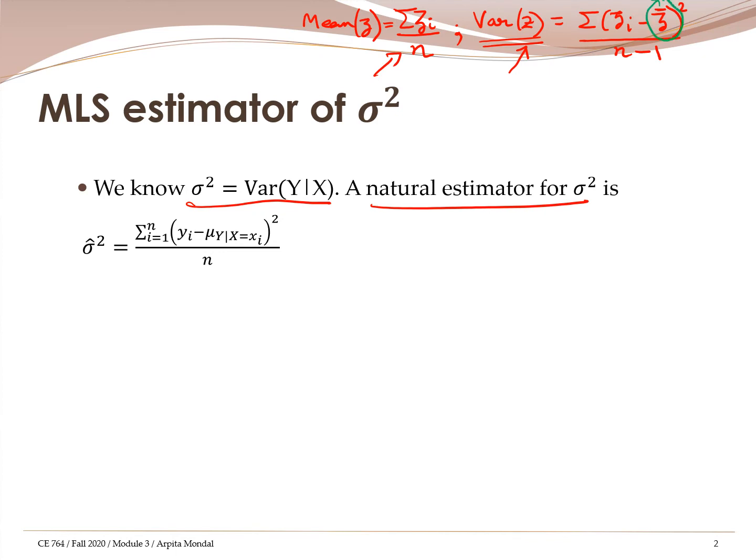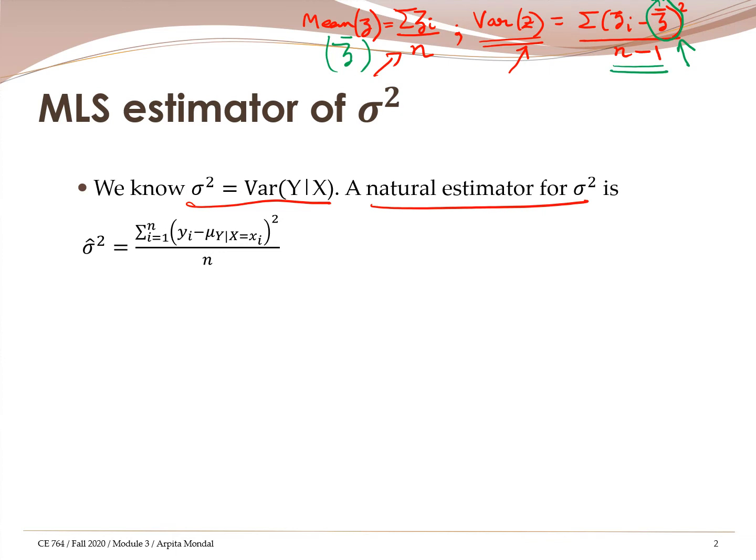Now this z bar itself is an estimate of the mean, estimated from the sample. So when you are calculating variance, you are depending on this estimated value of z bar. Because it is only one estimator, z bar, that we are using, we subtract 1.